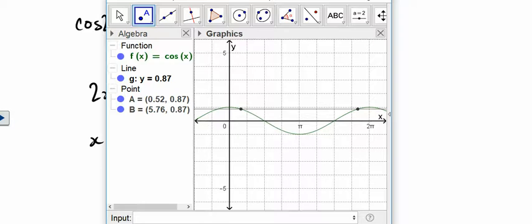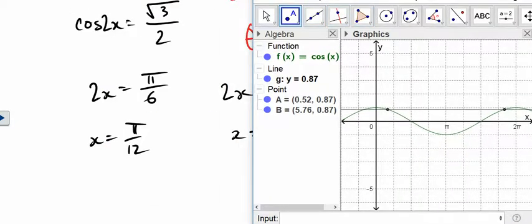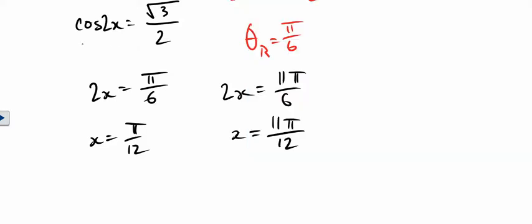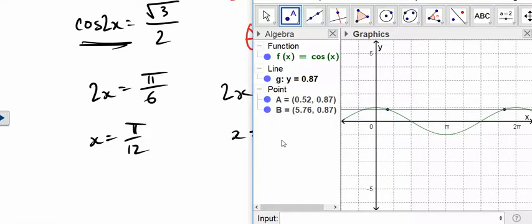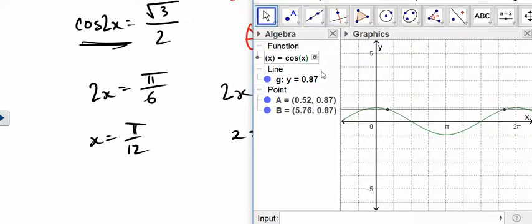But our question was, when is cos of 2x equal to root 3 over 2? Not cos x. So when I graphed it, I purposefully graphed the wrong curve. So if I go and fix that by adding a 2, what's going to happen?